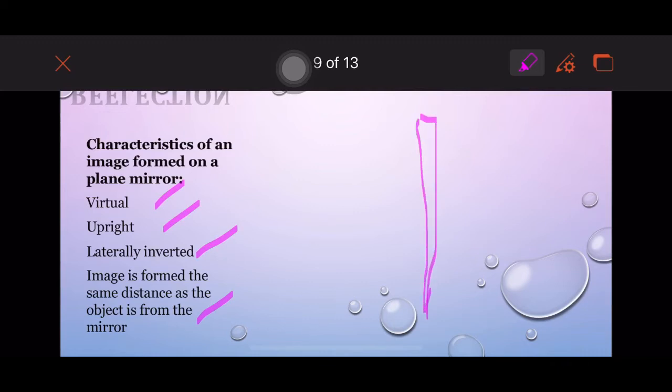Let's say this is a mirror. Bear with me, sorry I cannot draw properly over here. And we have, let's say, an object over here. Let's say we are going to draw one incident ray from this heart towards the mirror this way.